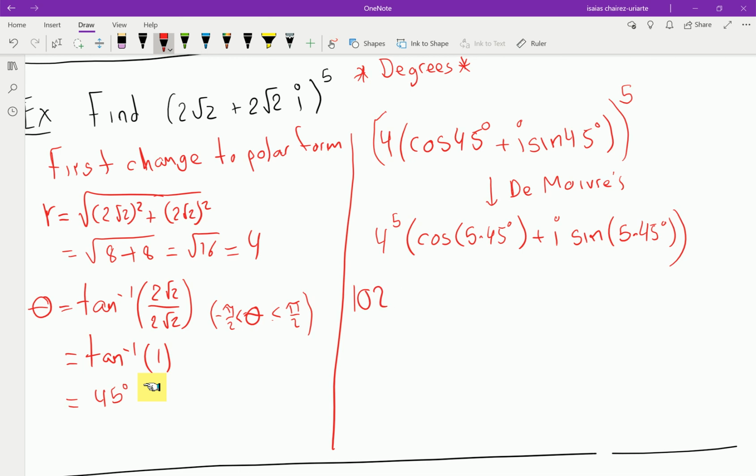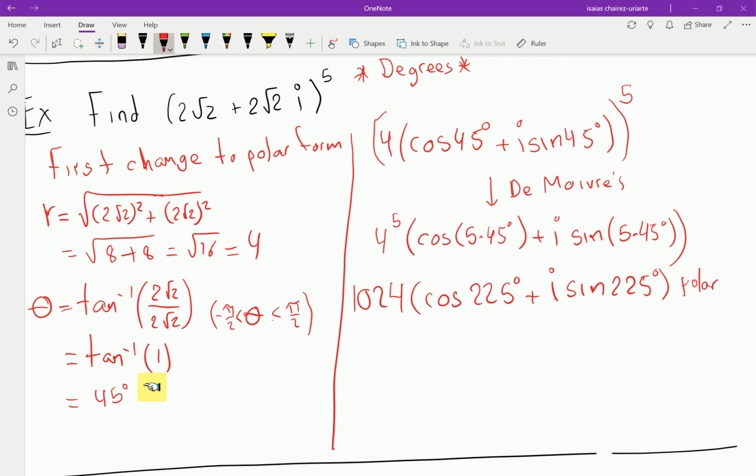And then this becomes cosine of 45, and 45 is 90, 180, 225. 225. Okay, and that's it. I mean, we could leave it at this. This would be the polar form.